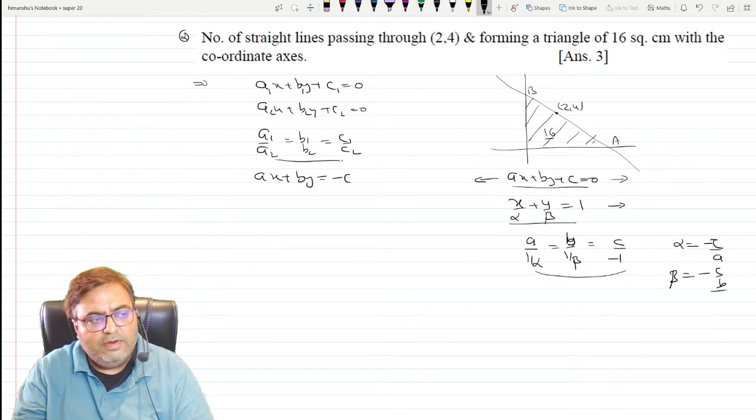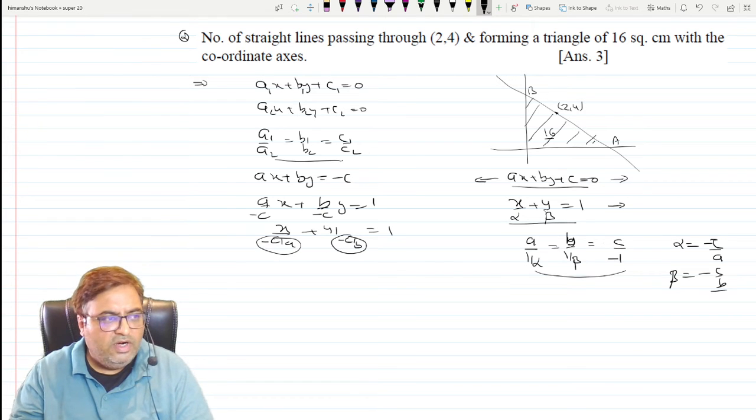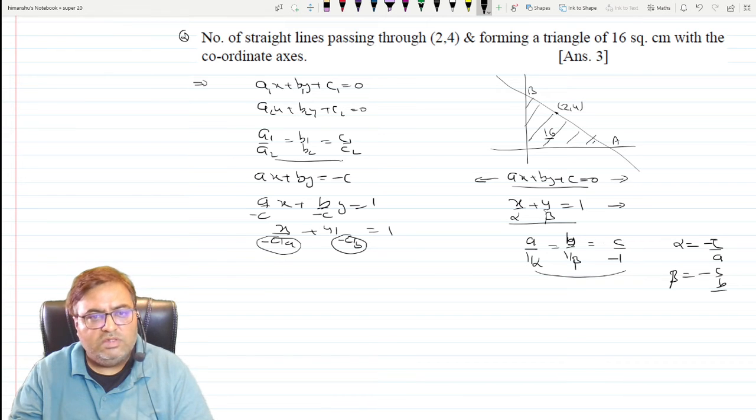Even you can do this thing, ax plus by equals to minus c. This equation can convert into this form. Now divide by c, so that will give you a upon minus c x, b upon minus c y equals to 1. So x upon minus c by a plus y upon minus c by b is equals to 1. So now see, this has changed into the intercept form. Whenever you have to convert a general equation or any equation into the intercept form, simply take the constant term on the other side and divide by the constant term.